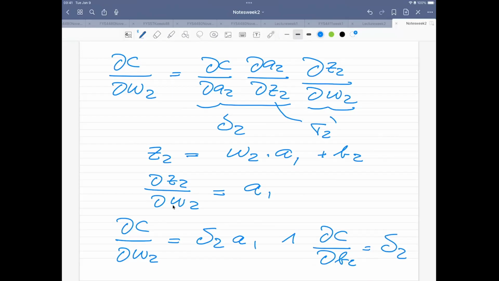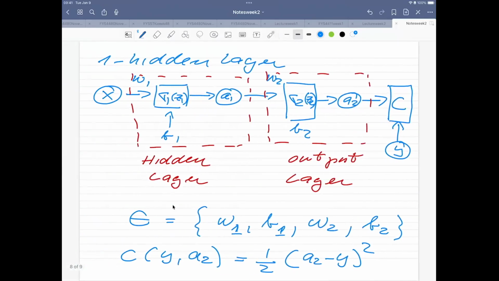And then we are going one step back, because now we have the derivatives at the endpoint, but we need also the derivatives here, because we have 2 more parameters. So we need a derivative for W1 and B1. And that's where the chain rule comes in. And this is essentially the basic elements of the backpropagation algorithm: us calculating the derivatives going backward.